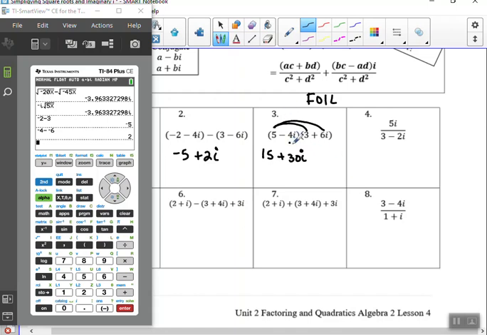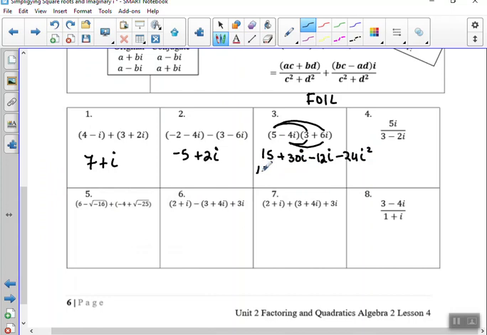And then negative 4i times 3 is negative 12i. And then negative 4 times 6i is negative 24. And then what's i times i? i squared. Okay? So this is where it becomes a little tricky.